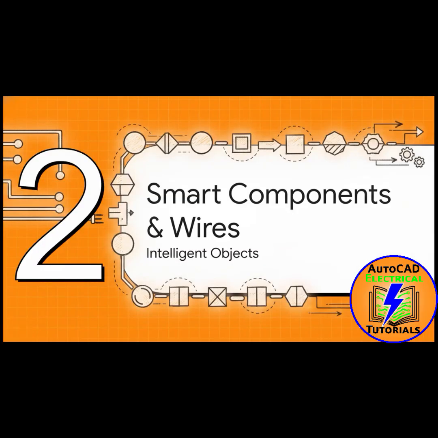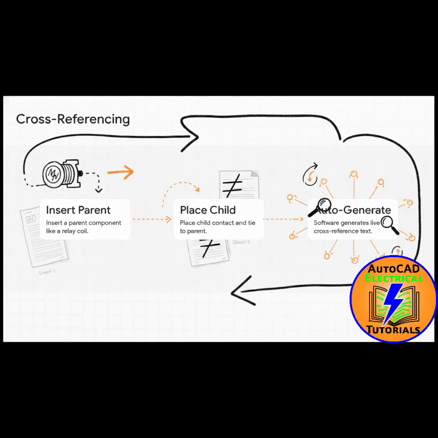Smart Components and Wires. It's time to replace those basic lines with intelligent objects. When you insert a component, like a relay coil, AutoCAD Electrical doesn't just see a dumb block of shapes. It treats it as an intelligent object. If you insert that parent coil, and then go to a completely different sheet to place a child component, like a normally open contact, and tie it back to the parent, the software instantly tracks its location.